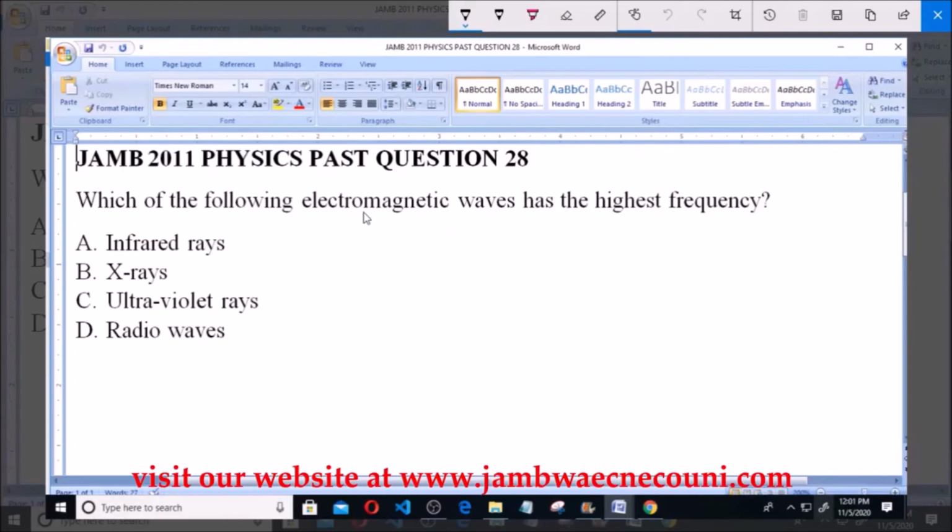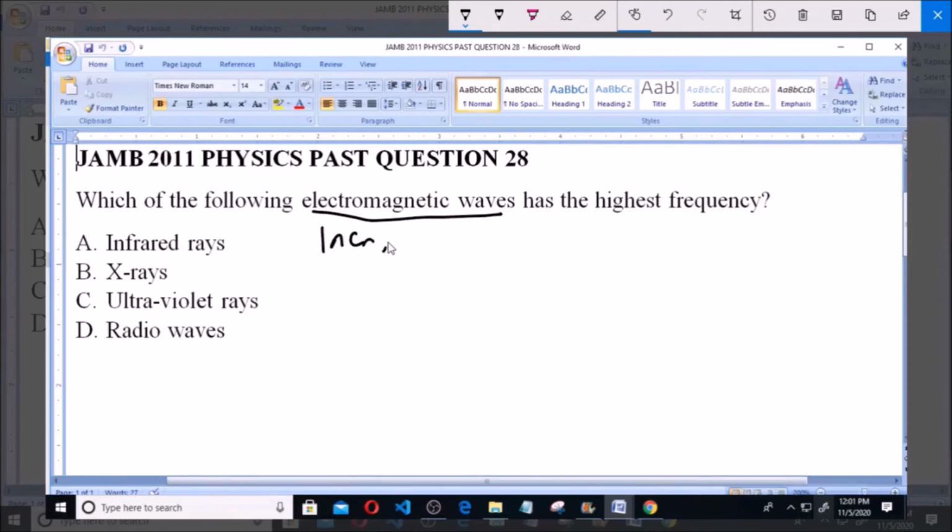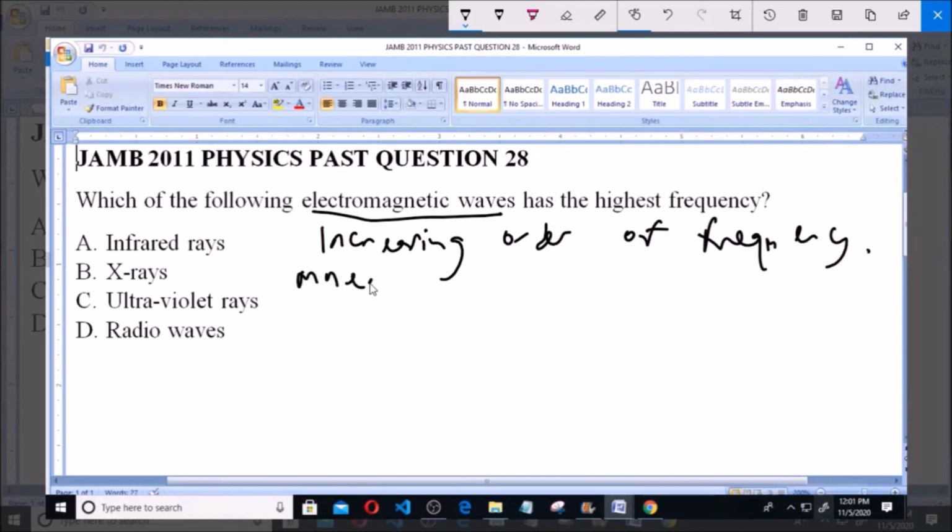So usually when discussing electromagnetic waves, there is a manner in which they are arranged in order of increasing frequency. The mnemonic "Rev-Vox-G" is usually used.